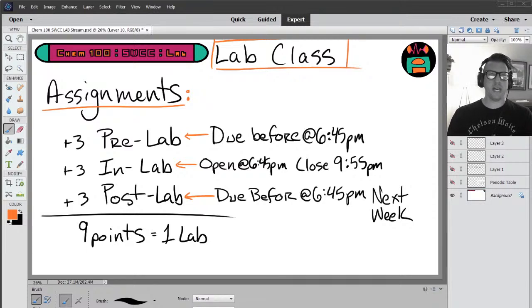A couple ran a little long, but they don't typically take a full 3 hours. Especially if you've come prepared and you understand the pre-lab, you're not going to be going till 10 every night.